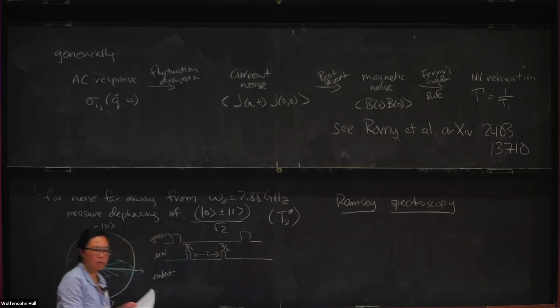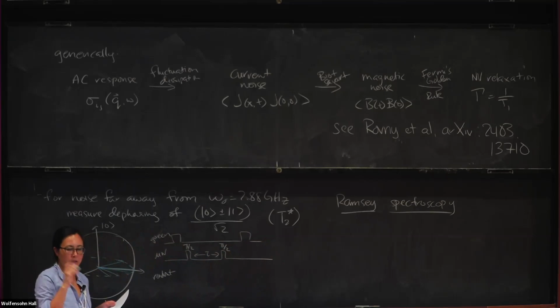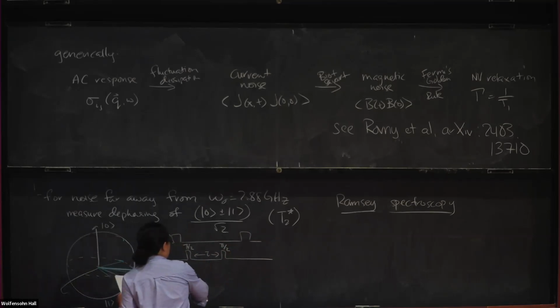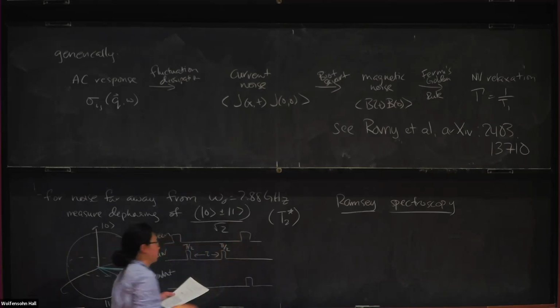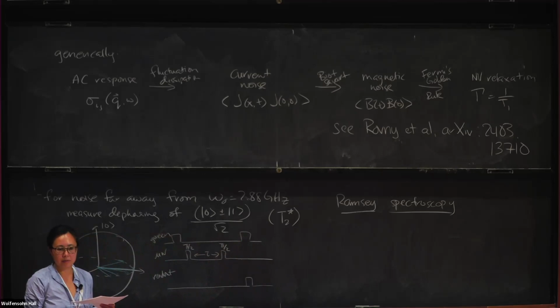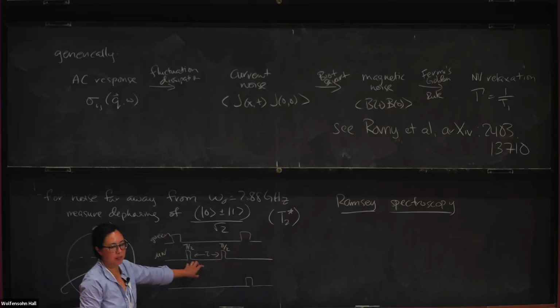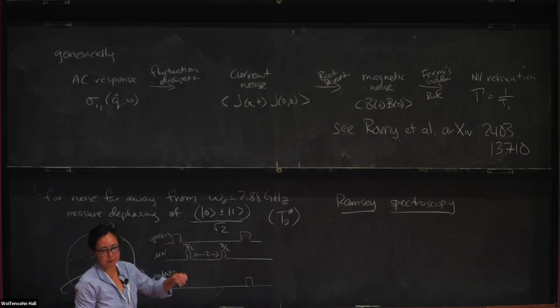And then I do another pi/2 pulse to map the phase back onto a population. You can think of this however you want. You can turn it into a minus pi/2 pulse if you want, doesn't matter. And then I will read out during this last green pulse. Remember, no photons while we're actually doing the phase evolution, only photons for initialization and readout.